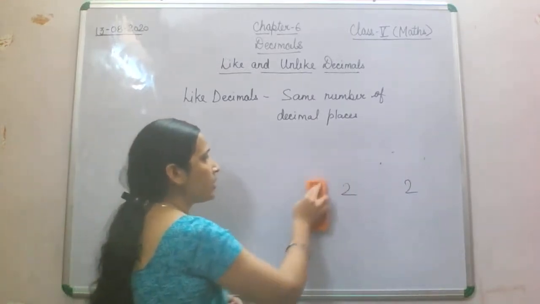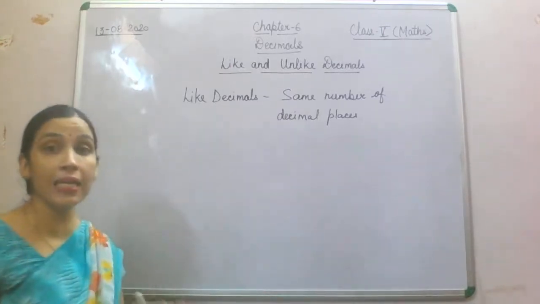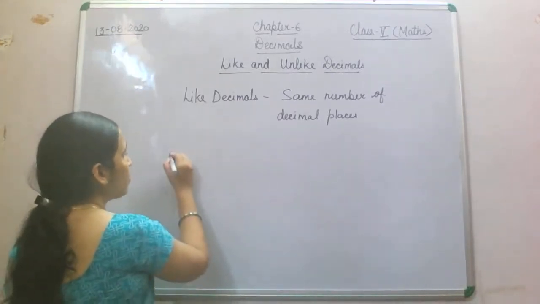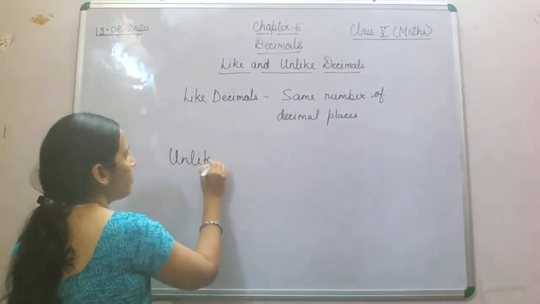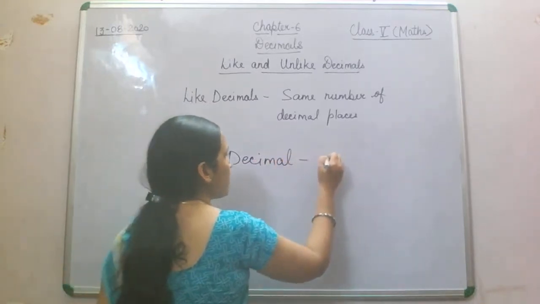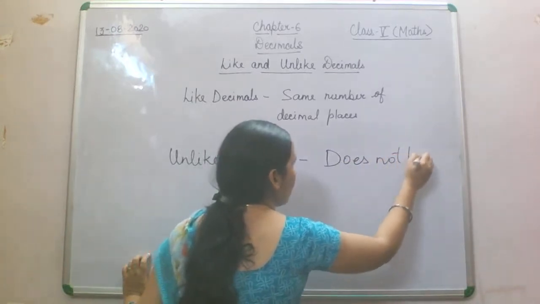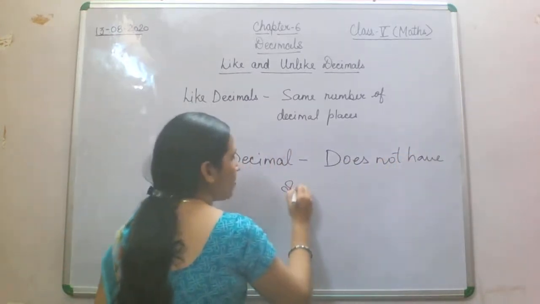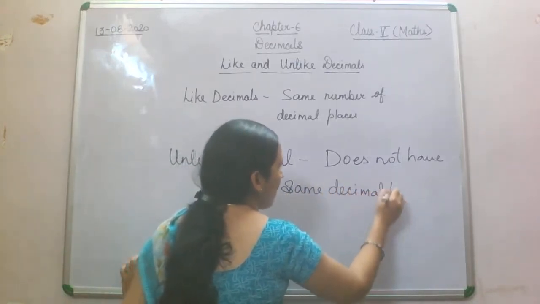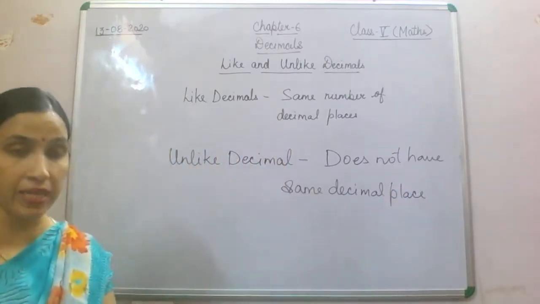If you understood like decimals, then unlike decimals is not difficult, because unlike decimals means the decimals which do not have the same decimal places. Unlike decimals are those decimals which do not have the same decimal places.